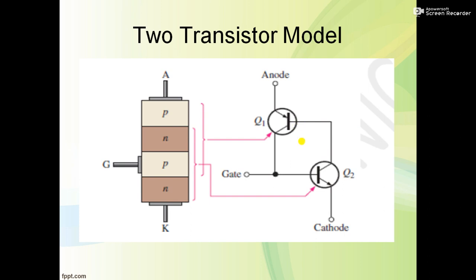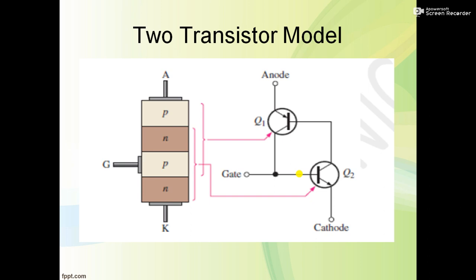Suppose I apply a positive voltage on the anode terminal with respect to the cathode, and the gate current is 0. At this time, as the gate current is 0, the base current of Q2, that means IB2, is also 0.